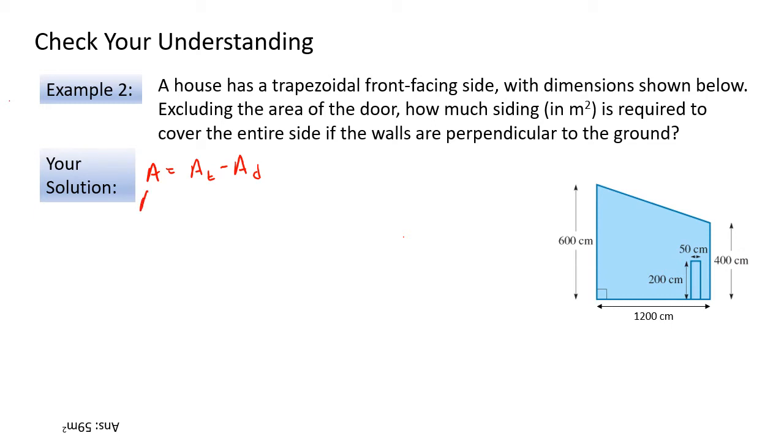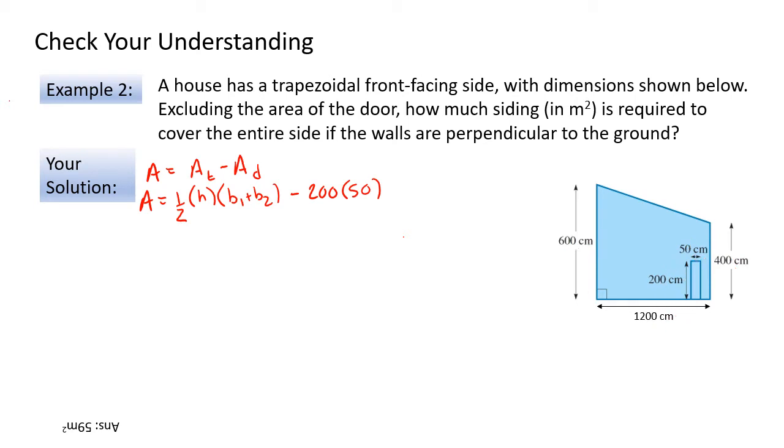So if we do it this way, our area is equal to 1/2 times our height times B1 plus B2. We'll get into what those are in a second. Minus the area of the door. In this case, it's length times width, or we could just write it out as 200 times 50. Okay? I'm not showing the units because all these units will already be shown in centimeters. Okay?